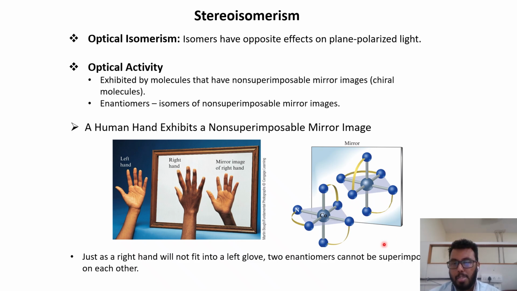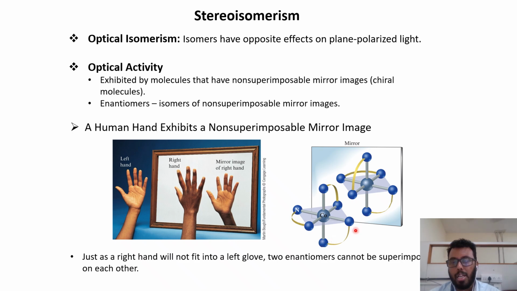Similarly, look at this picture where you have this nitrogen containing ligand, which is ethylene diamine, and you can see that these two ligands are attached. These two ligands are facing toward the viewer. The third ligand is facing away from the viewer. When you keep the mirror, then this will be exactly opposite to that.